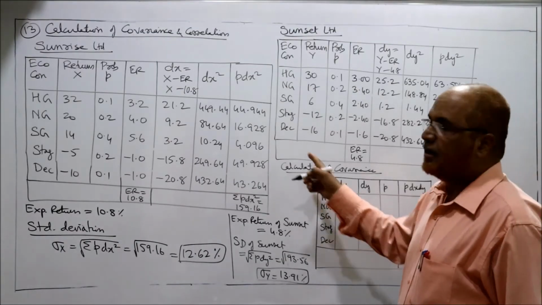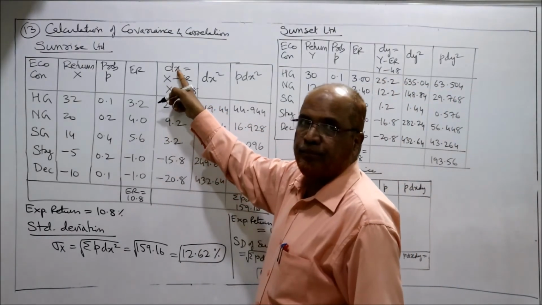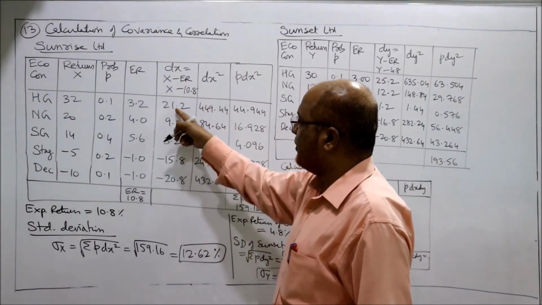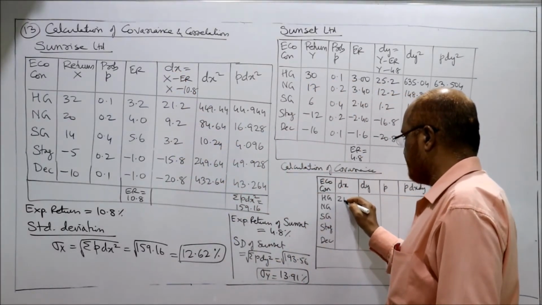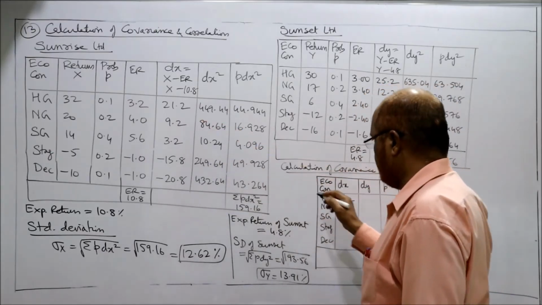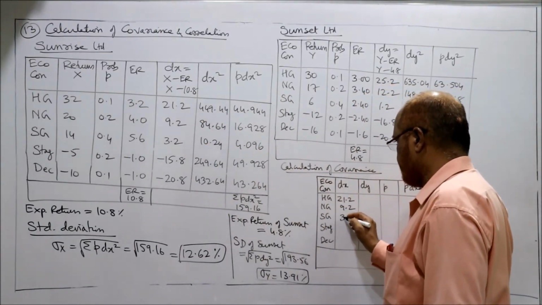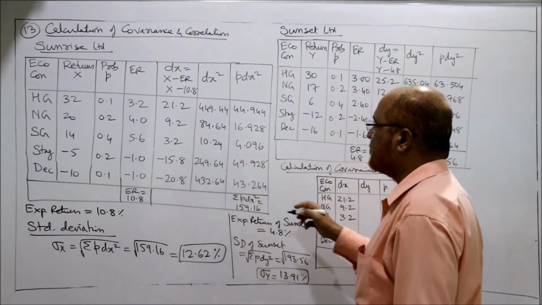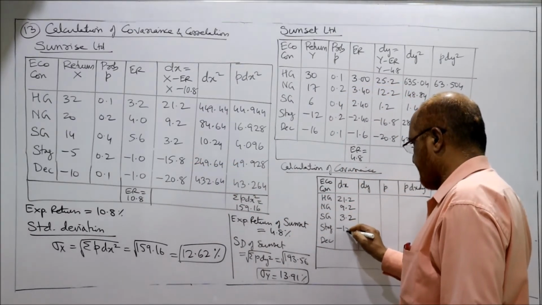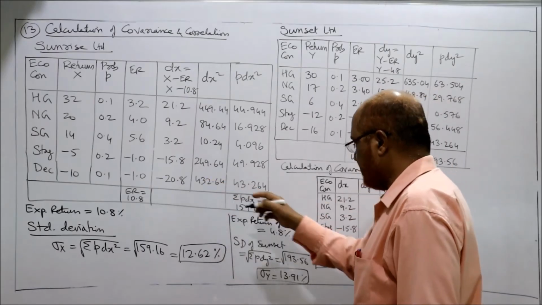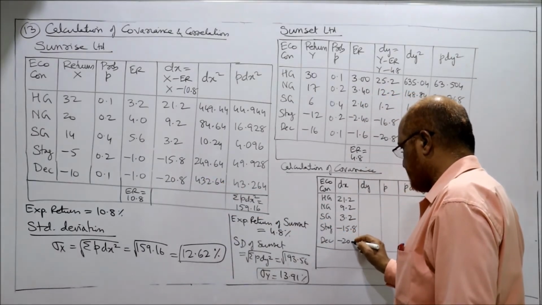So dx values are here. In this table we have the dx values 21.2, then 9.2, 3.2, minus 15.8, minus 20.8.